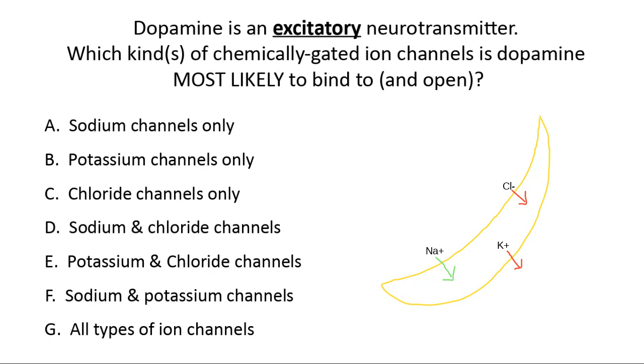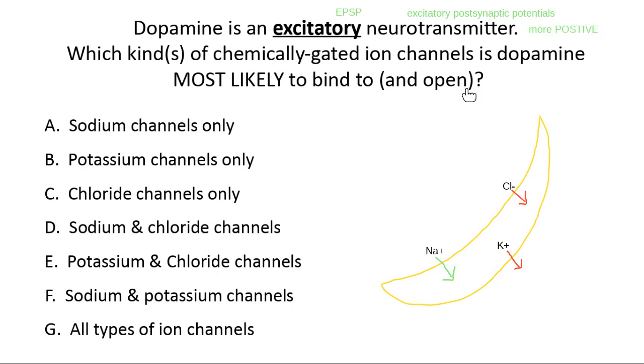So excitatory neurotransmitters make things called EPSPs, excitatory postsynaptic potentials. Does excitatory mean that we're going positive or negative? Yeah, exactly. When I am excitatory, that's going more positive.